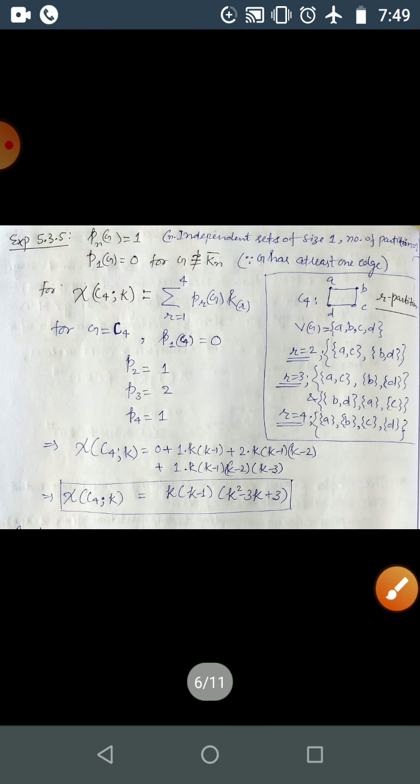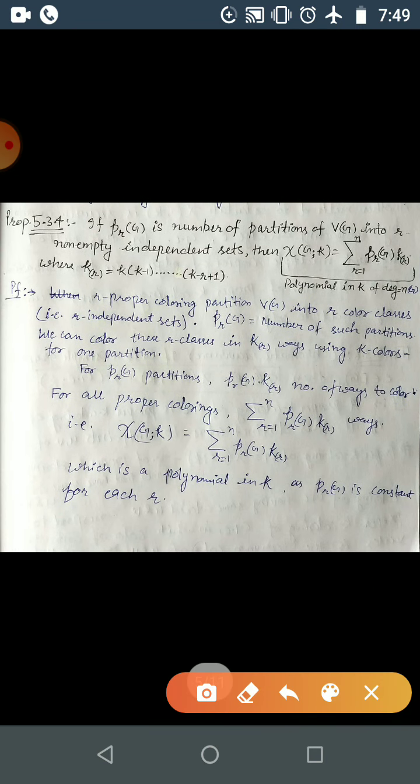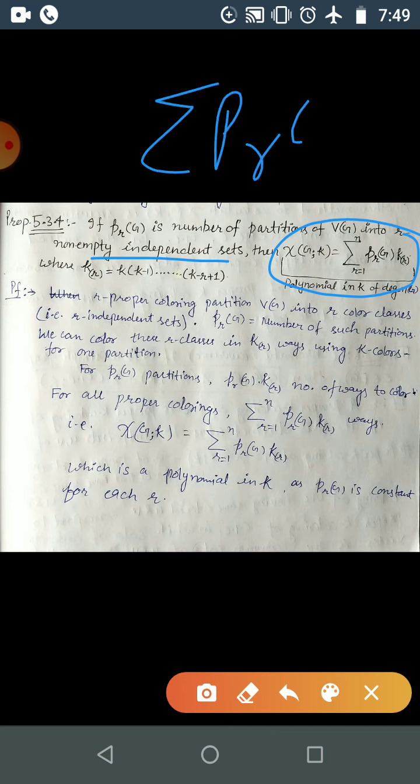One more way, by the proposition, is that you can partition V(G) into r non-empty independent sets and look at the number of such partitions. Then the chromatic polynomial is given by the summation of p_r(G), the number of partitions of V(G) into r non-empty independent sets, times k_r.